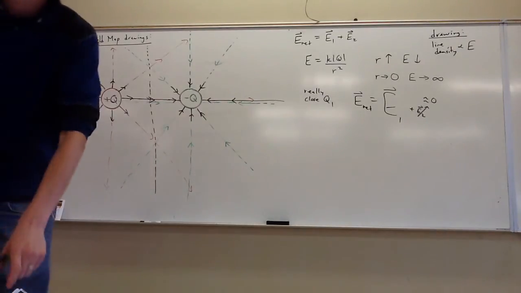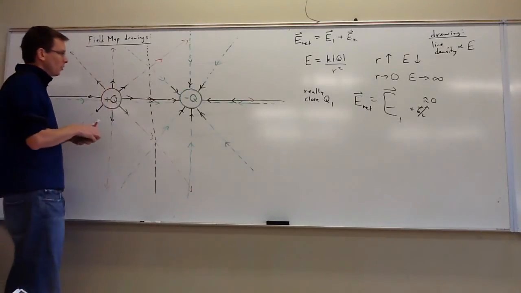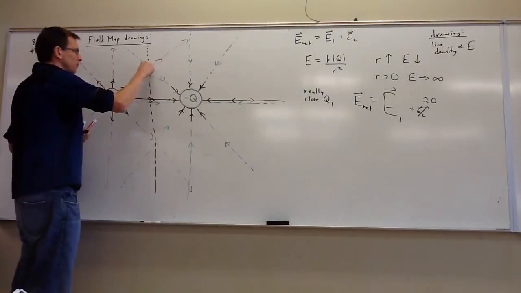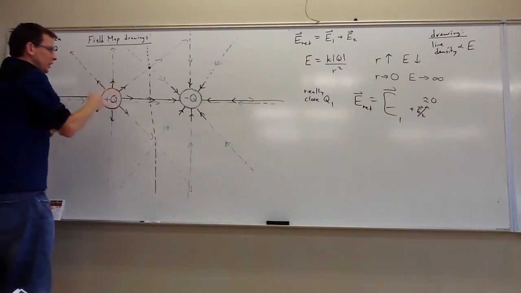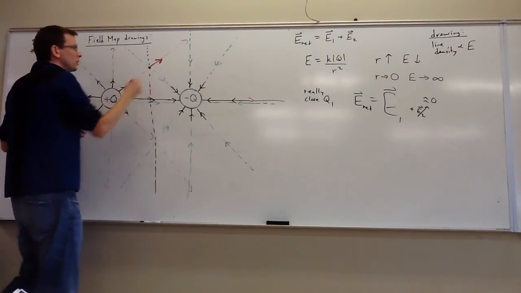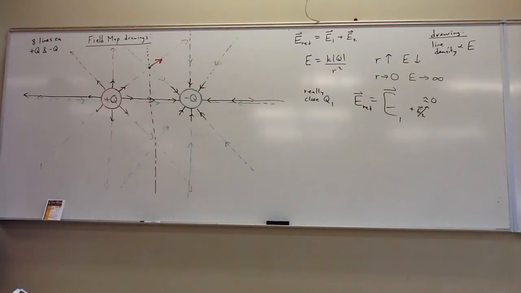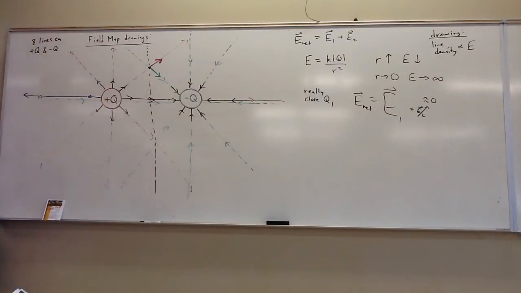Okay, so let's pick a point on that bisector and imagine what might happen. Let's say right here. So there we have a radially away contribution from the plus charge, looks like that. And we have a radially toward contribution from the negative charge, it looks like that. Now I drew those the same size.